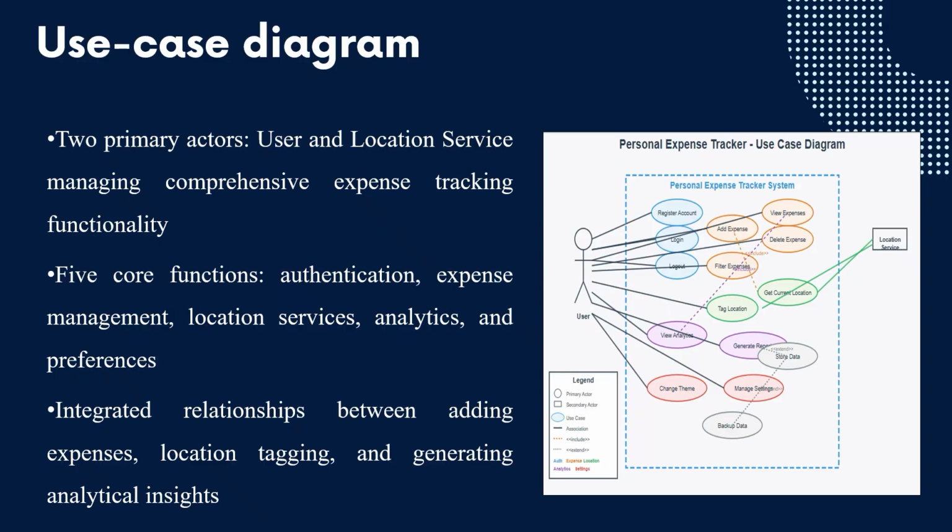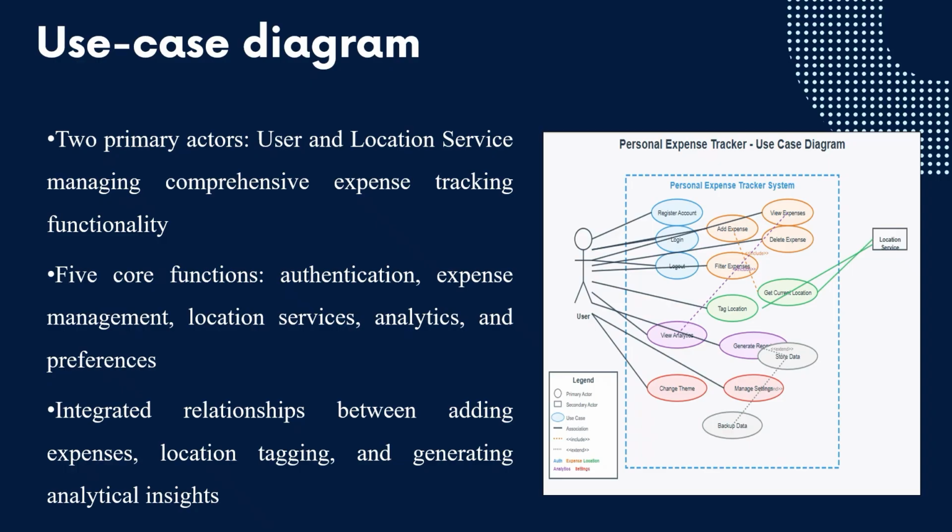As you can see, the use case diagram chart is here in my PPT. The use case diagram is a description of an advanced expense tracking ecosystem which features specific actor relationships and functional engagements.